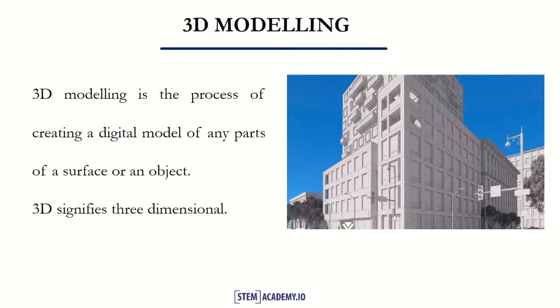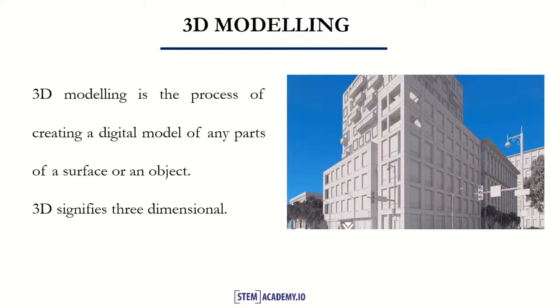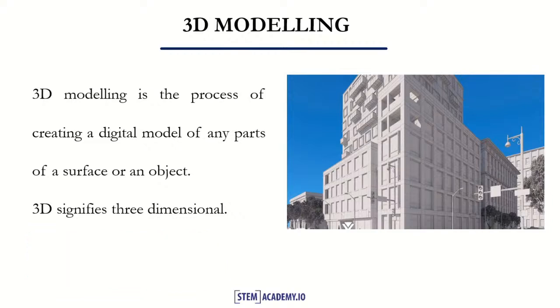What is 3D modeling? 3D modeling is the process of creating a digital model of any part of a surface or an object. The 3D signifies three-dimensional. 3D models are used for video games, movies, architecture, illustration, engineering, commercial advertising, and so on.